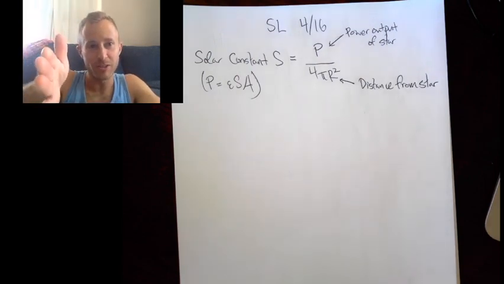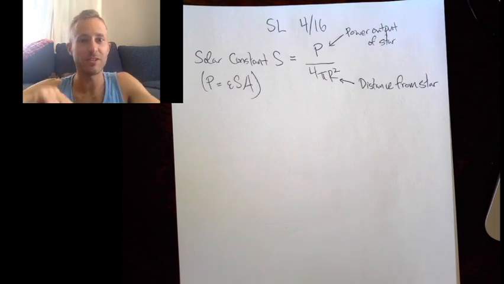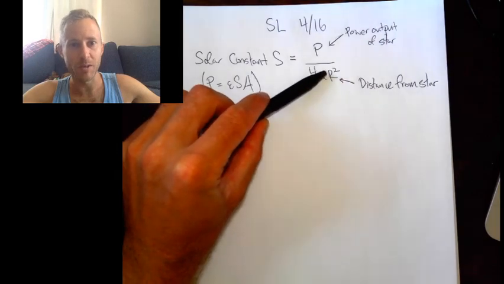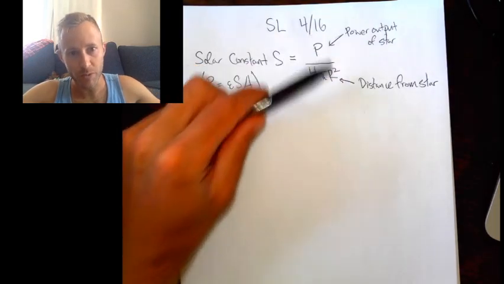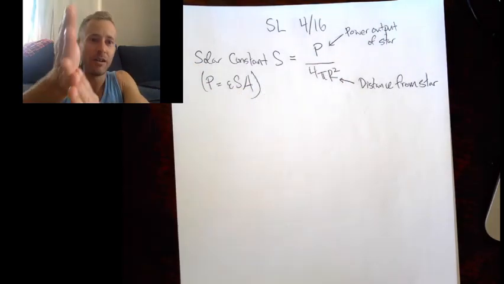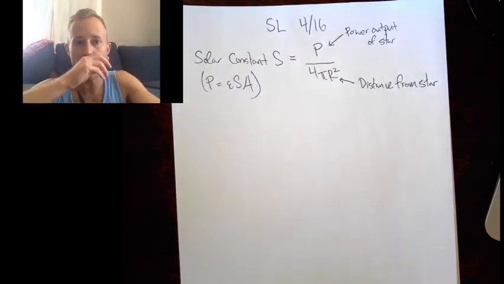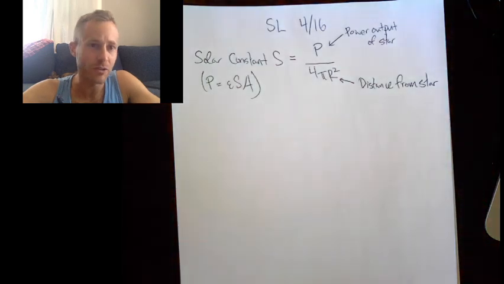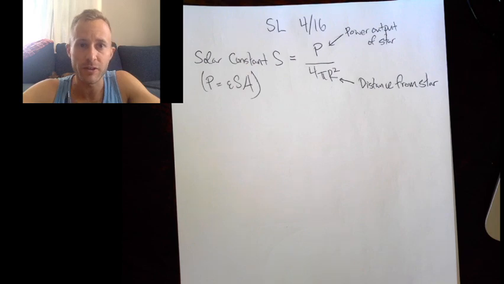If we were to go to double the distance to the sun, if we square the double, then we would get 1/4 the solar constant. So a planet that is twice as far away is going to actually only get 1/4 the energy from the sun as us.